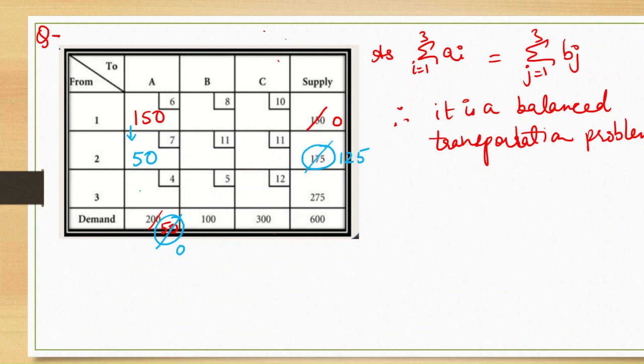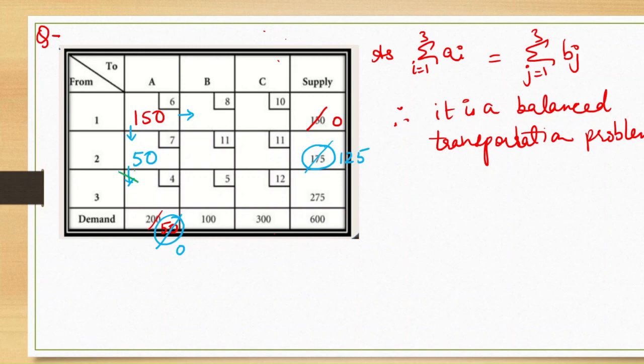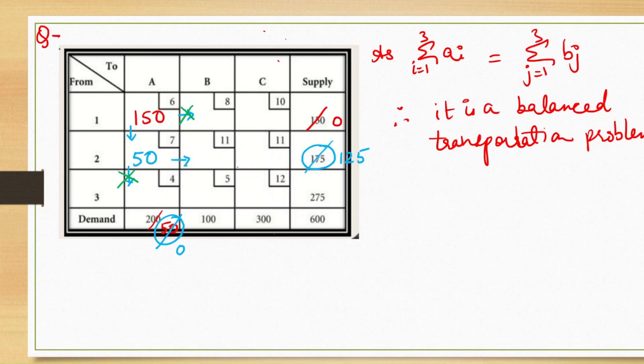Now I can't move downwards, so this cannot be done. Let me cross it with another pen. I cannot go down because the demand is 0 now, and I can't go here, so I'll move to the next one. Here we again have to choose: the demand is 100 and the supply is 125.